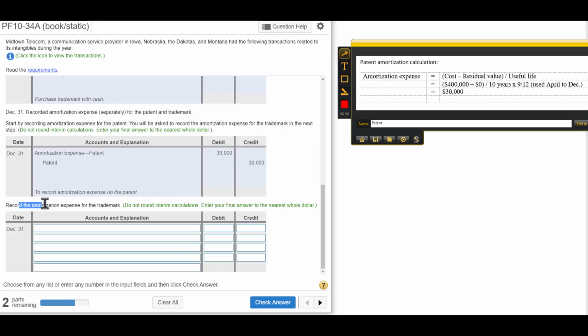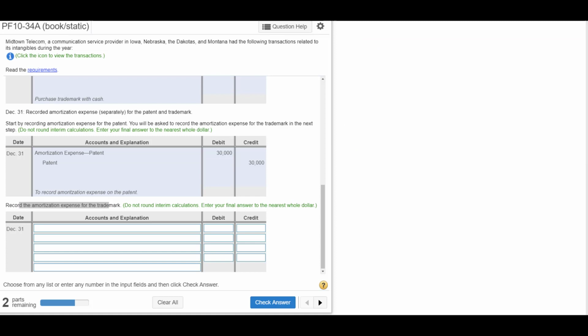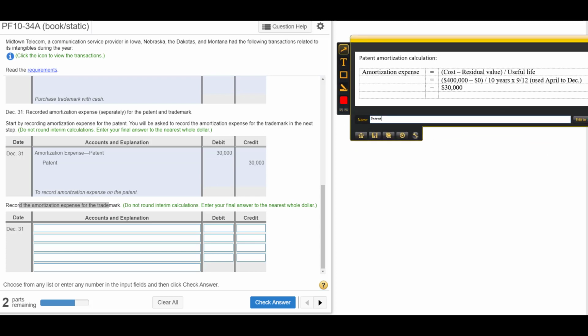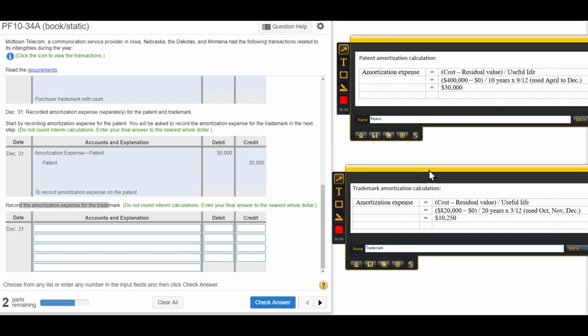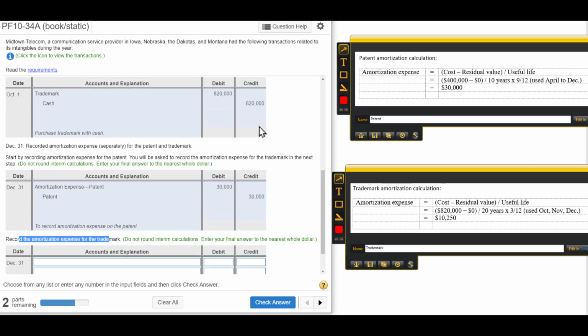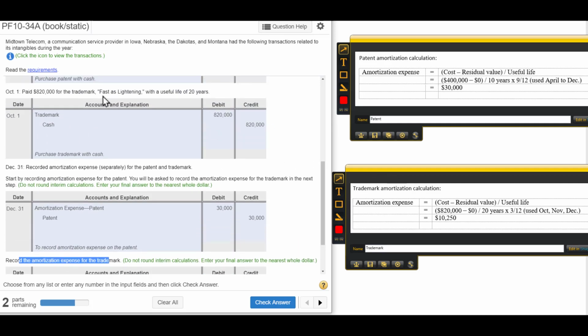And then we need to record the amortization for the trademark. Let's bring in the amortization calculation for the trademark. To remind you, the data for the trademark is right here. The formula again is cost minus residual divided by useful life.